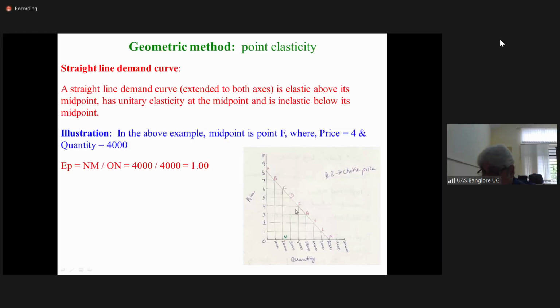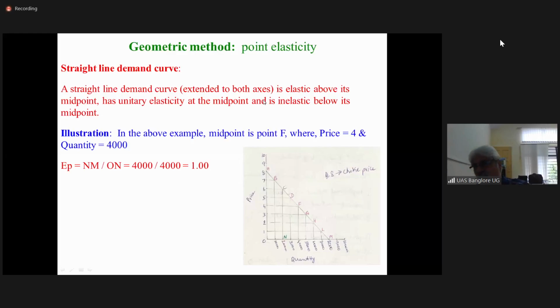Any point below the midpoint is inelastic, that means it would be less than 1. I repeat: midpoint equal to 1, any point above the midpoint greater than 1, any point below the midpoint less than 1. This is the general rule.